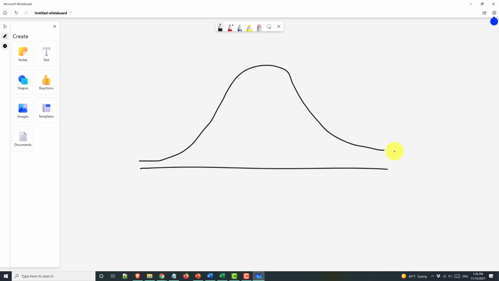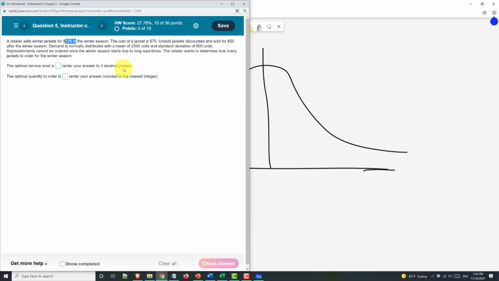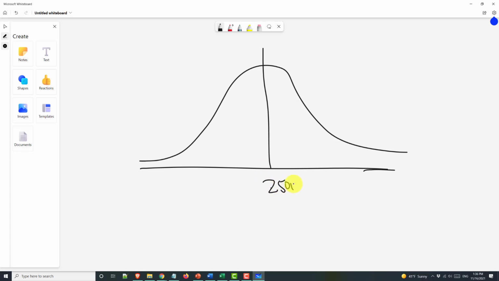So our demand has a normal probability distribution. It has a mean value. If you go to our question, the mean value is 2,500 units, right? And it has some standard deviation sigma, and that is 600, right?